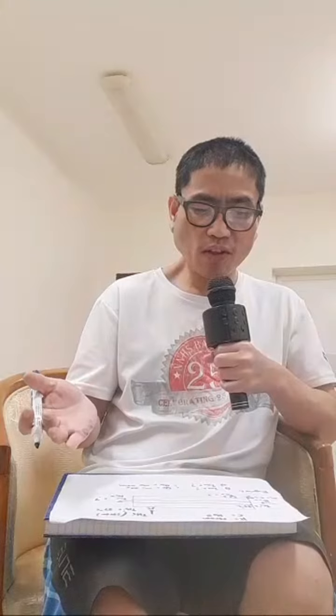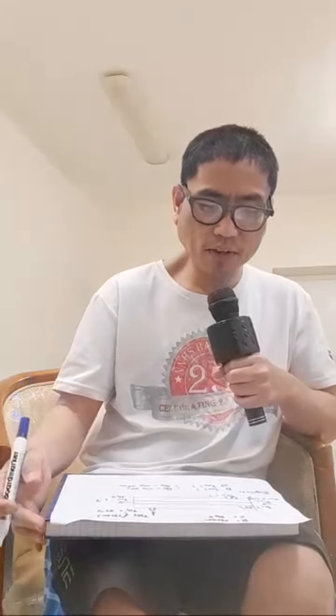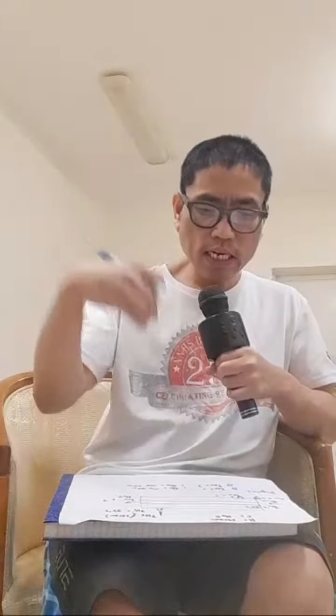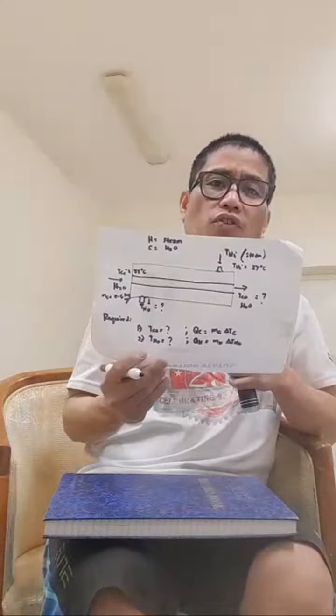And then let's also assume a mass flow rate of the steam that also goes in the double pipe exchanger in here. So it's going to be, let's say, 1.2 kilogram per second, which is your MH. Okay, so 1.2 kilogram per second.